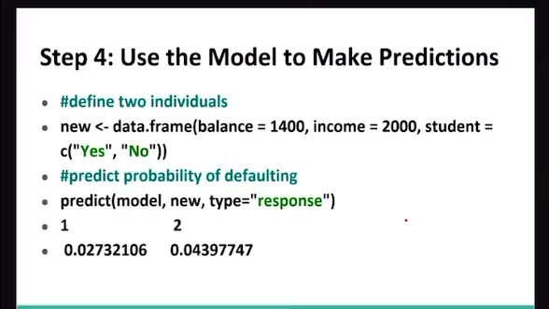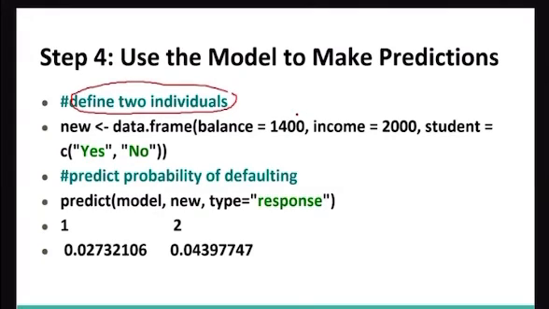Now, don't forget, if I want to make predictions right now, for instance, I want to make predictions for two individuals. Define two individuals. Let's say somebody is coming in, a new customer.